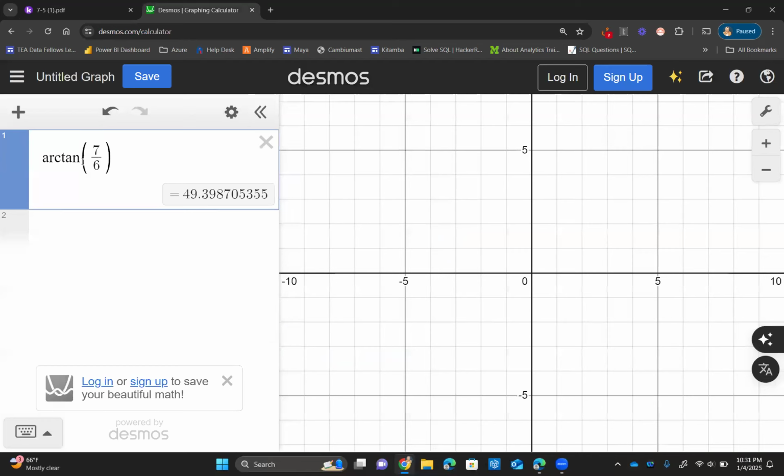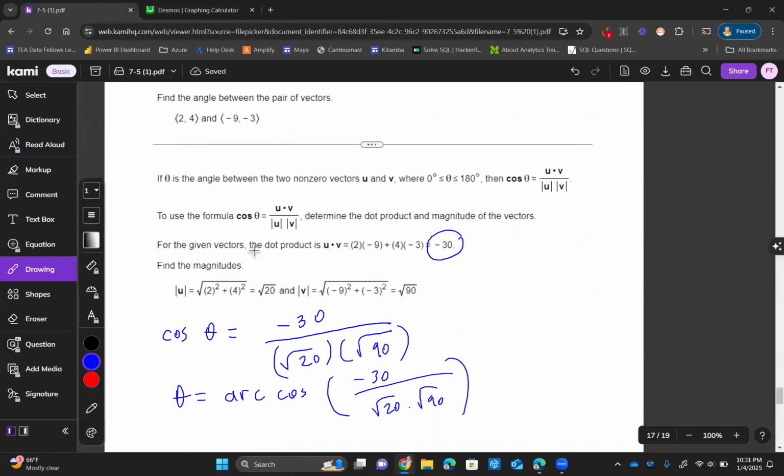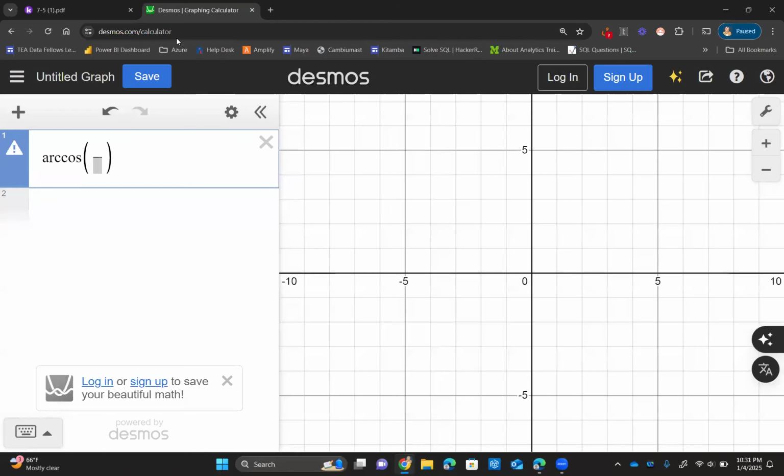First of all, this is not going to be arc tangent anymore. It's going to be arc cosine. And then the numerator is negative 30, and the denominator is square root of 20.